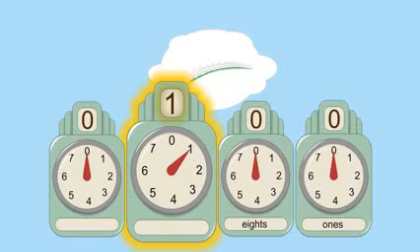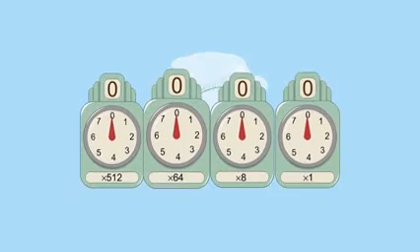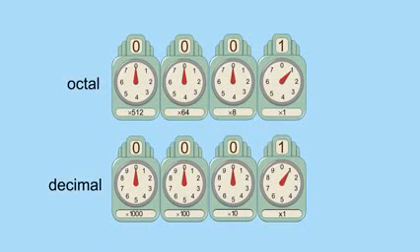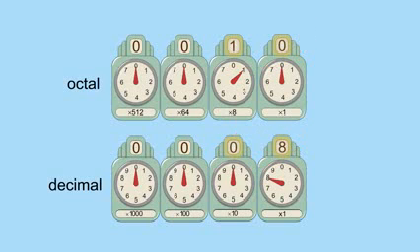The 1 in the third column represents 8 eighths, or 64. Each column multiplier is 8 times the previous one. Every number which can be written in decimal can also be written in octal, although after counting to 7, the way the quantities are represented is completely different.